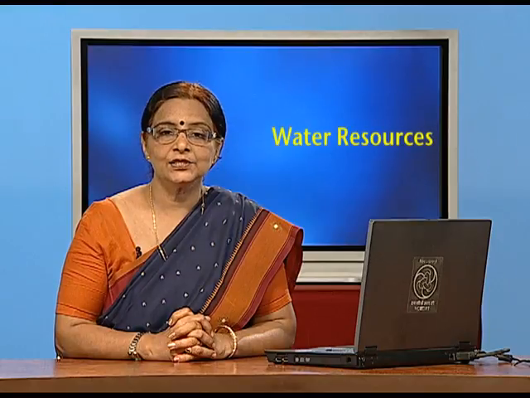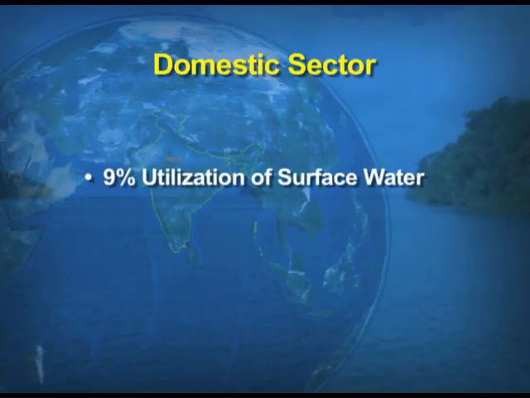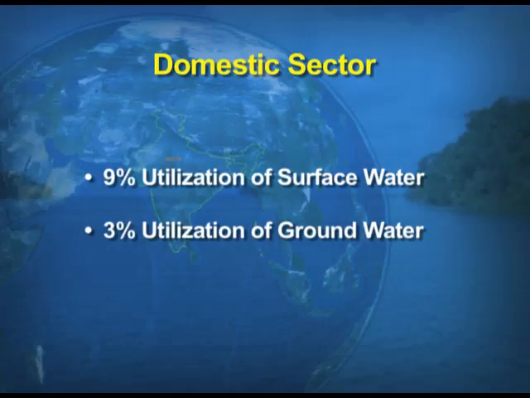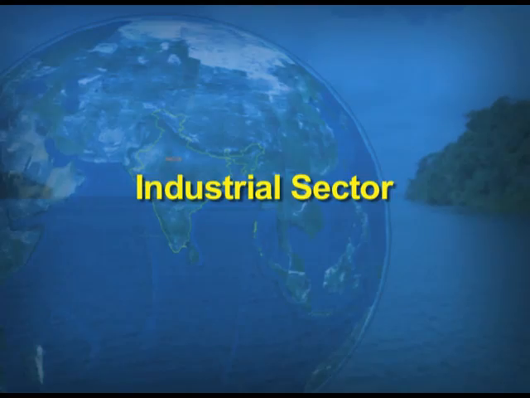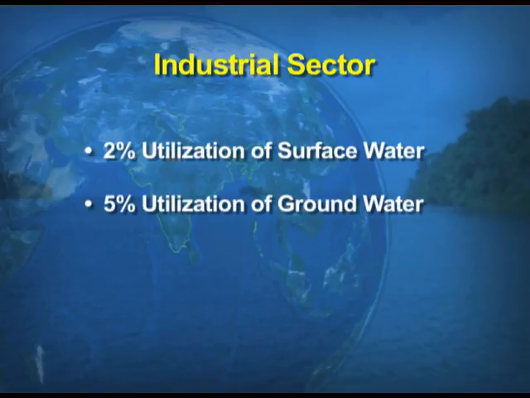The second sector is the domestic sector, where 9% utilization of the surface water is there, and that is the second largest sector, and the domestic sector uses 3% of the groundwater as well. And the last leading sector is the industrial sector, which uses 2% of the surface water and 5% of the groundwater.